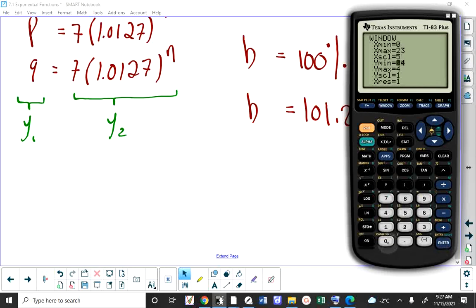For my y, I need to go up to at least 9, more than 9, so I can see that line y equals 9. So I'm going to go up to 12. It's just a number. There's my y equals 9 billion, and here comes my model for the population of the Earth. I can find the intersection point.